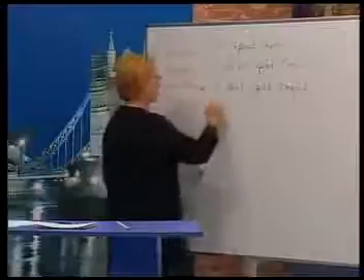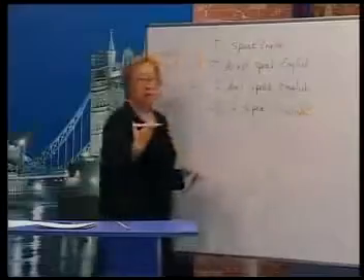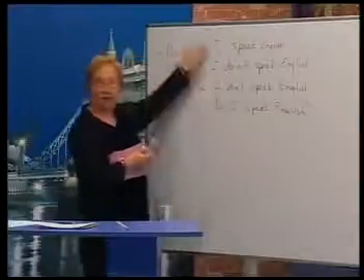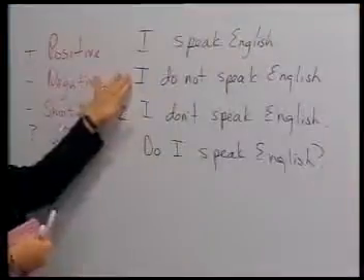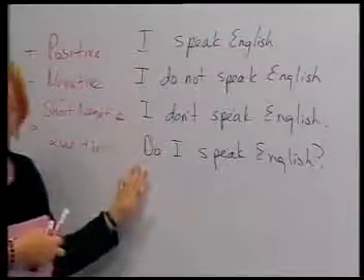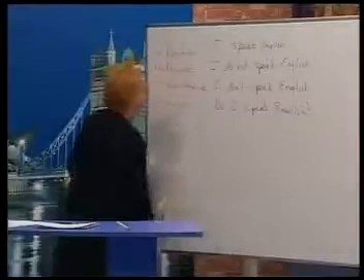And the question: Do I speak English? So, I speak English. I do not speak English. I don't speak English. Do I speak English? Okay. Now, the next one is with you.